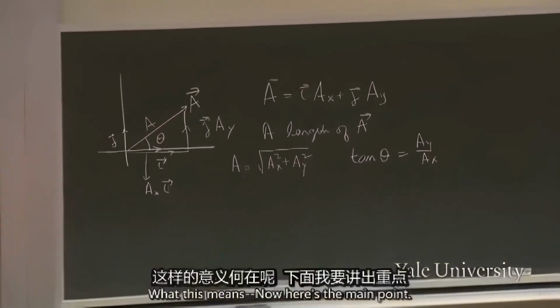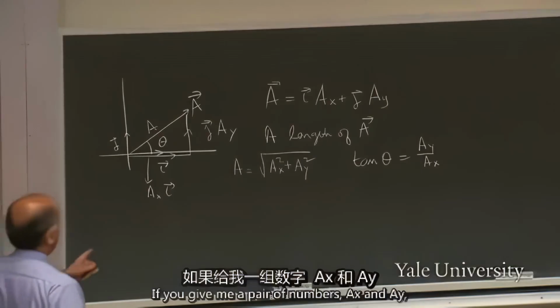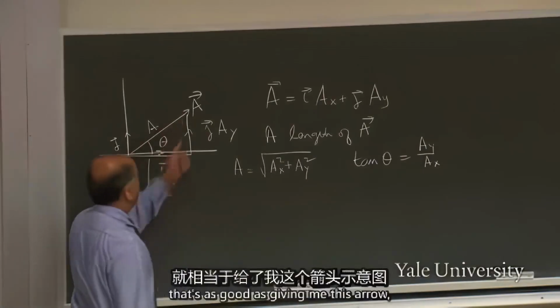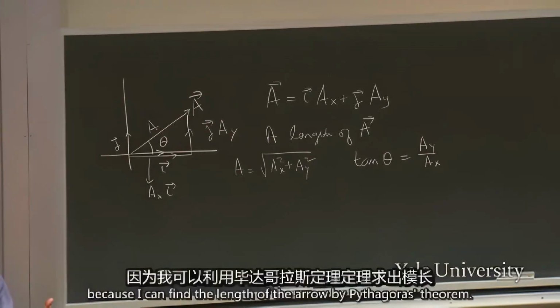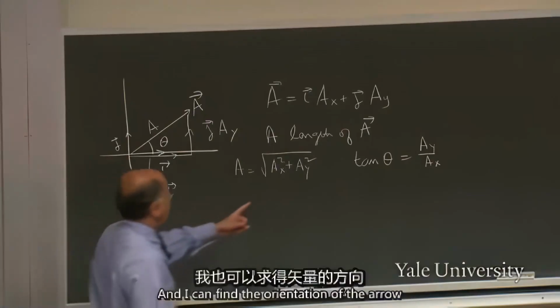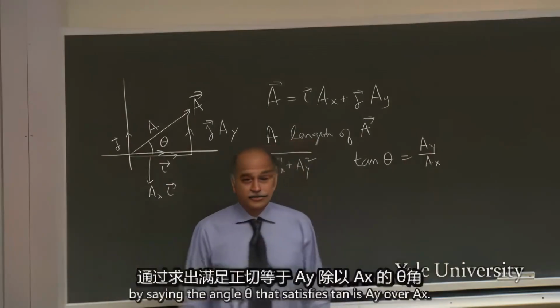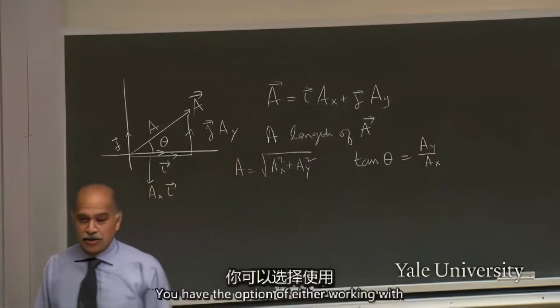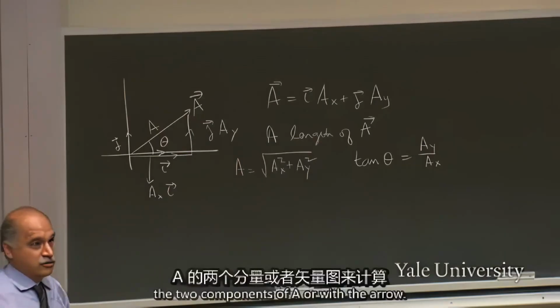So what this means, now here's the main point. If you give me a pair of numbers AX and AY, that's as good as giving me this arrow, because I can find the length of the arrow by Pythagoras theorem, and I can find the orientation of the arrow by saying the angle theta satisfies tan theta is AY over AX. So you have the option of either working with the two components of A or with the arrow.